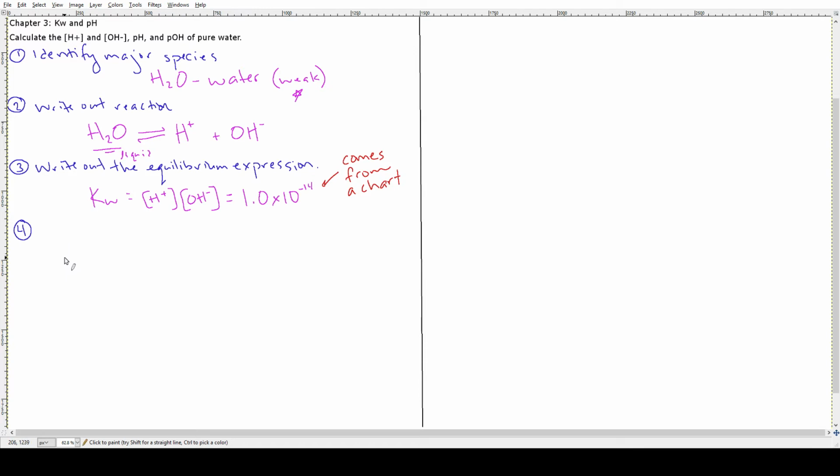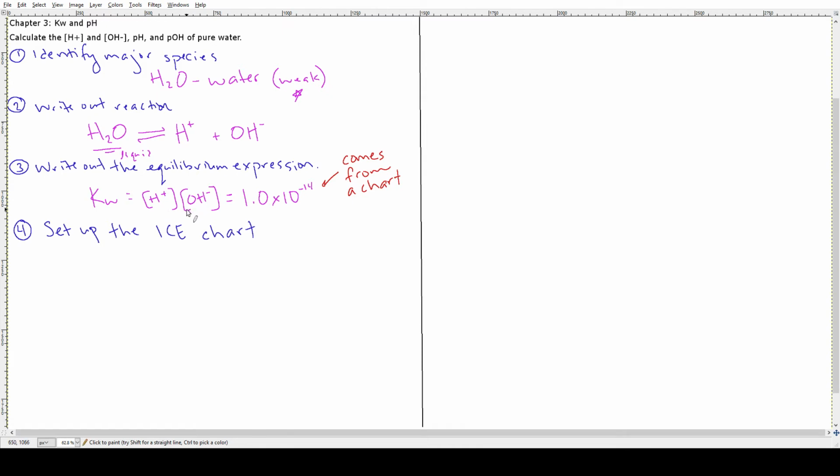Okay, so now we're going to set up an ice chart, which you've had lots of practice on now, so you should be like, oh goody, I know how to do these. Our goal is to figure out the concentration of hydrogen and hydroxide.